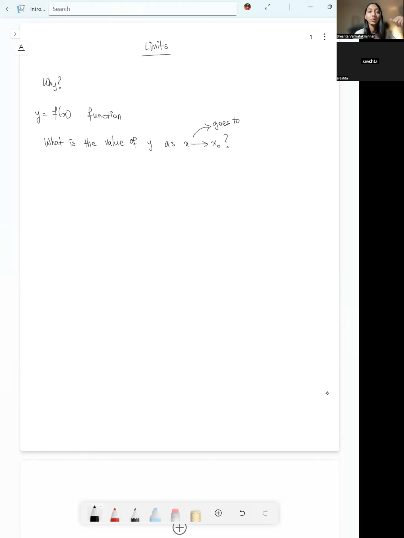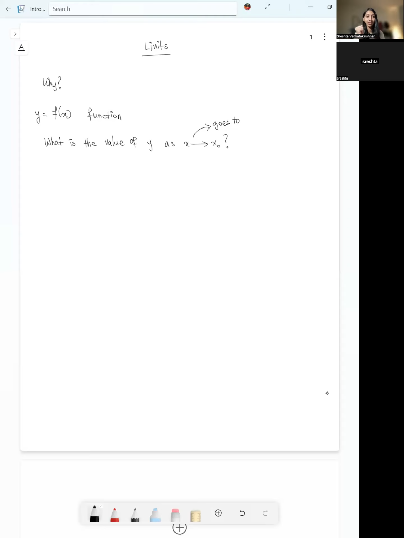So what that means is that you have an x0 that is given to you, and that's where you want to know the value of the function. For some reason, you cannot directly plug x0 into your function. So you want to approximate, right?